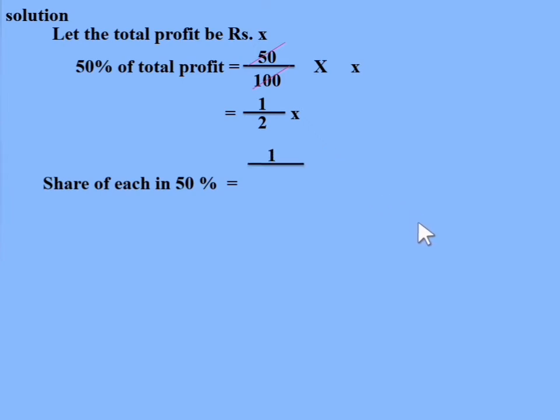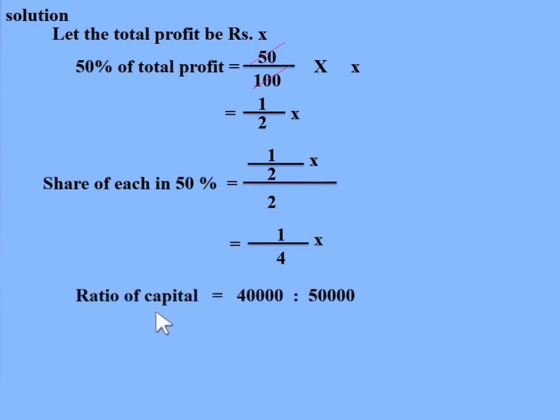So 1 by 2x divided by 2, which is equal to 1 by 4x. So from this 1 by 2x, the first friend will receive 1 by 4x rupees and the second friend will receive 1 by 4x rupees.